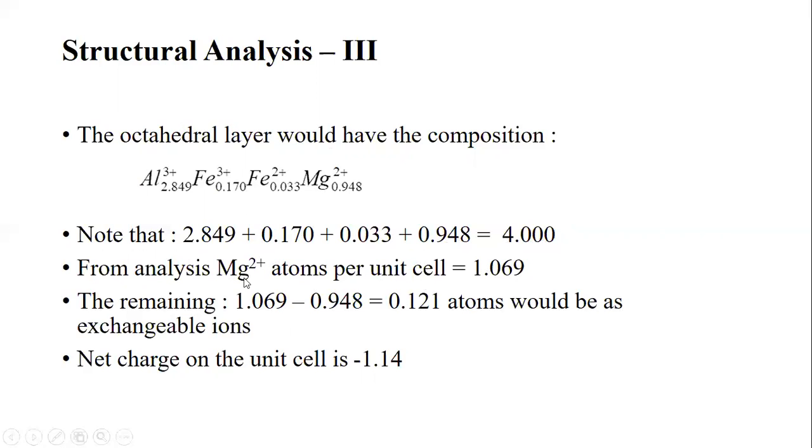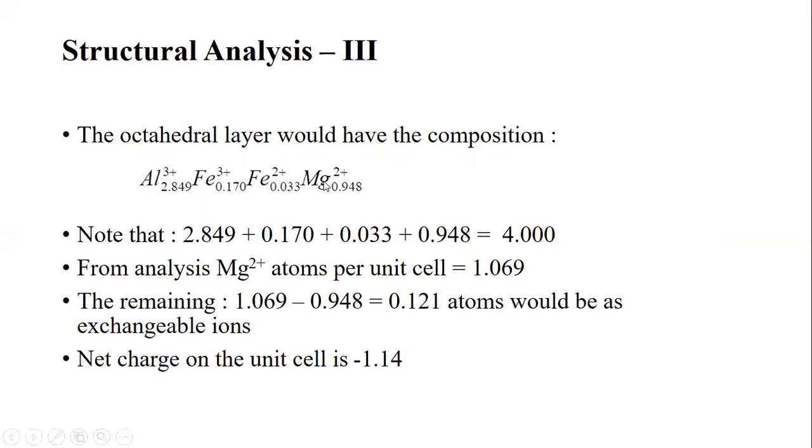If you calculate the number of atoms of magnesium, they are more than what we used here. This is the only place it will fit, so all the amount we put here. Magnesium, we can have it either here or exchangeable, because it also can be exchangeable. So we see the total is this, 1.069. We did not use all of it.